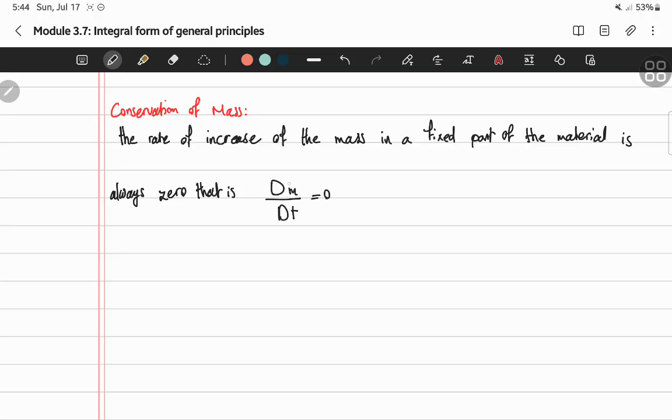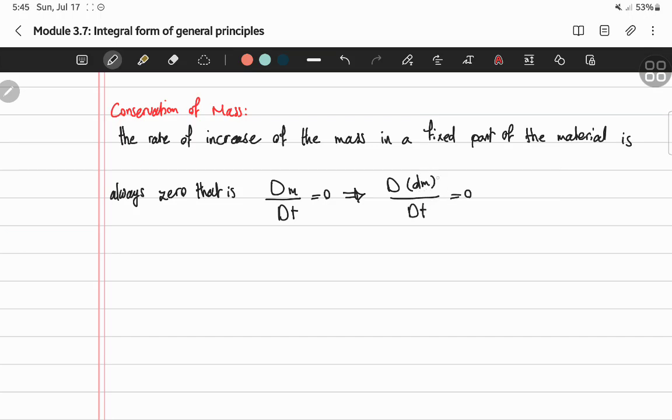So we have the material derivative of the mass m. Since we are selecting a fixed part of the material, we will have D of dm Dt is equal to 0.